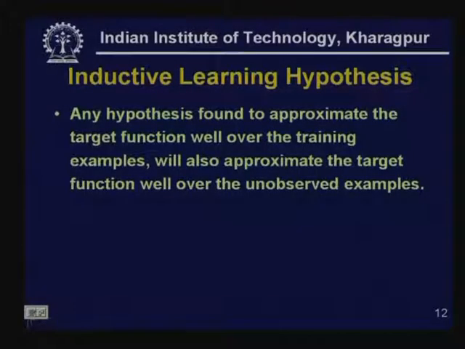We use the principle of inductive inference. And the inductive learning hypothesis states that any hypothesis which is found to approximate the target function well over the training examples will also approximate the target function well over the unobserved examples.